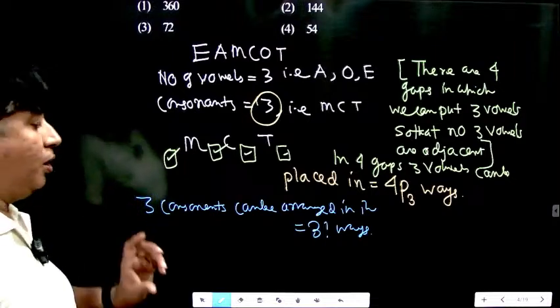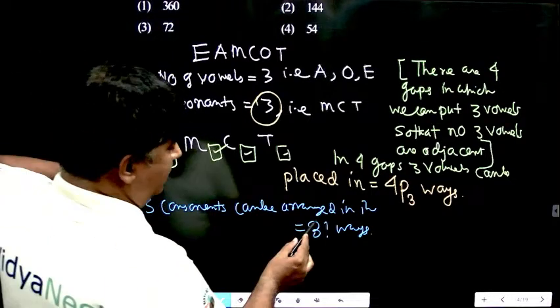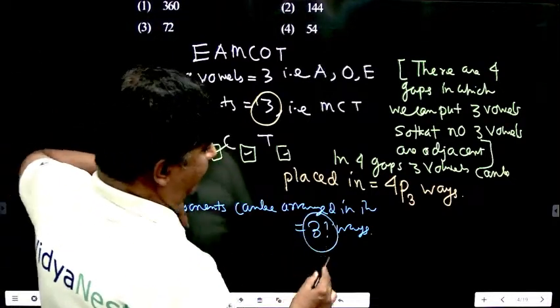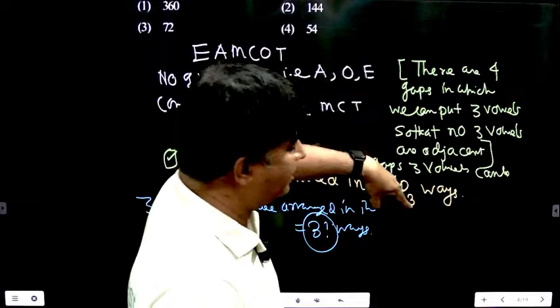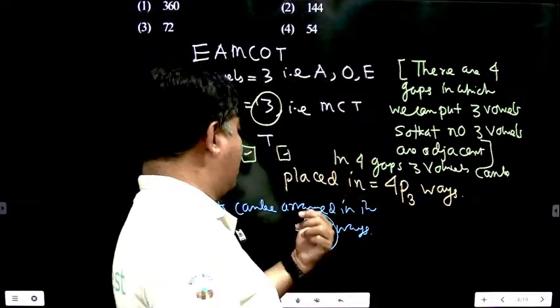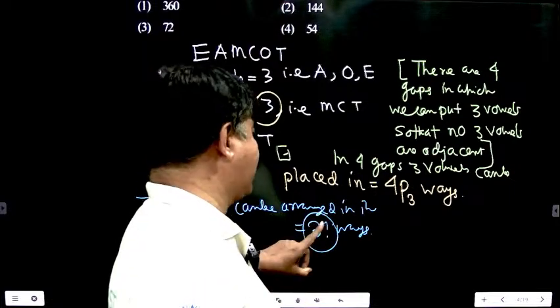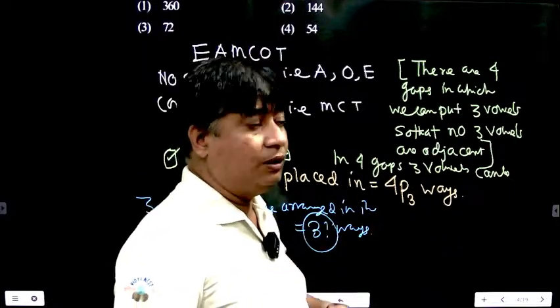Therefore, total number of arrangements: with each of these factorial 3 ways, there are 4P3 arrangements. Means total arrangement is factorial 3 into 4P3. Unitary method.